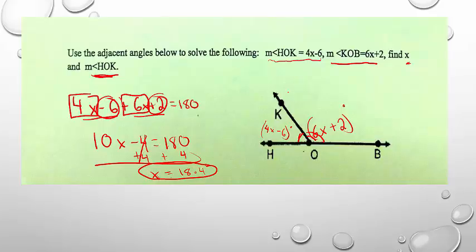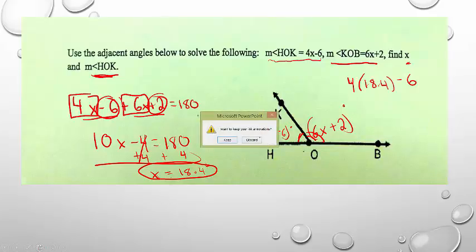Now, since it was 4x minus 6, instead of x, we can now plug in 18.4. And then I would have to simplify that expression, which means we'll need a calculator.